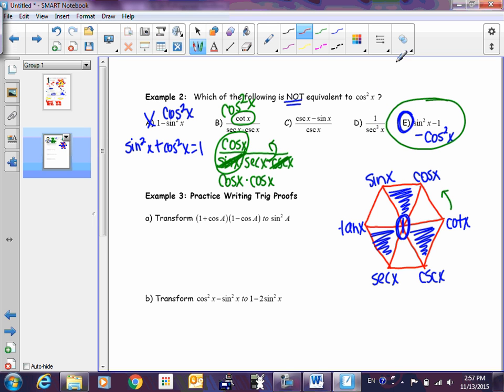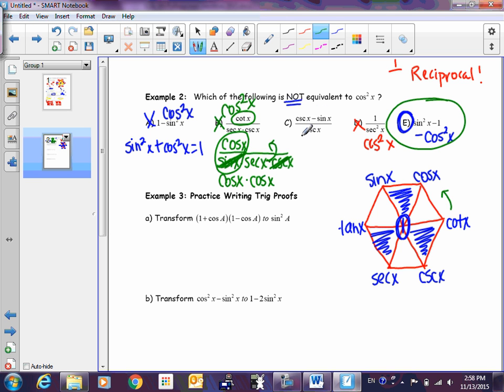When you guys see 1 divided by, you need to think reciprocal. This is going to help a lot of you a lot. So when you see 1 divided by secant, think reciprocal of secant. And that's cosine. And since there's a squared, we just put a squared there. And so that's not my answer. And this one I should cross off too. So I have C left.